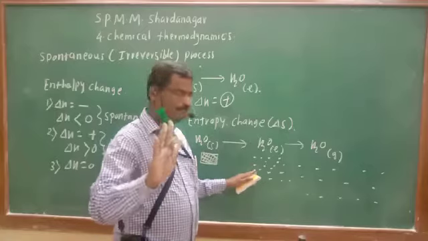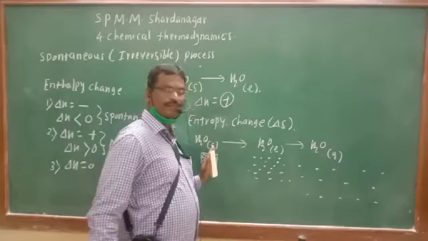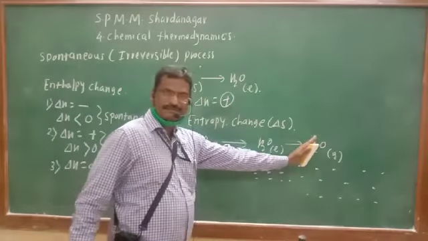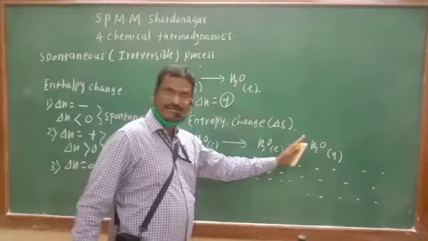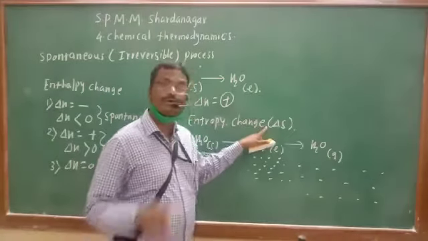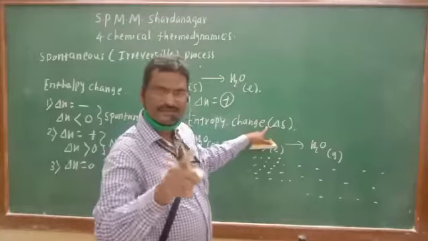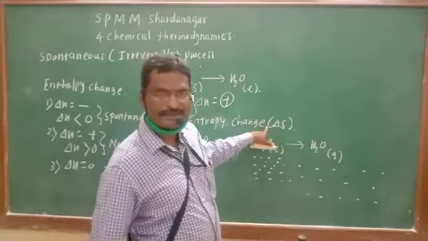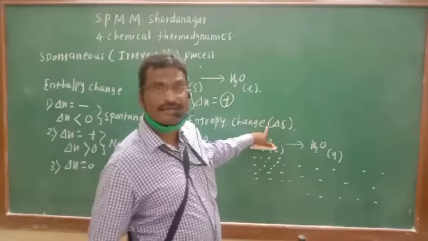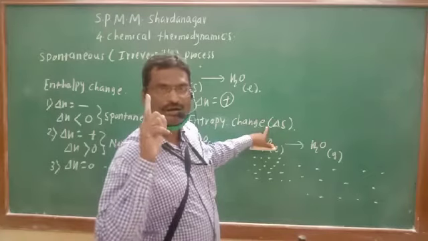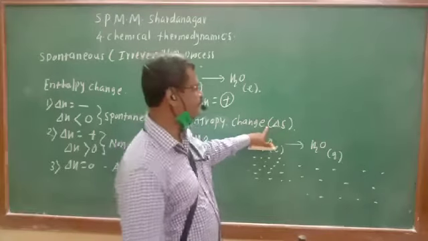So whenever randomness increases, means disorder increases, entropy also increases, and it is considered that the processes in which entropy goes on increasing are spontaneous processes.